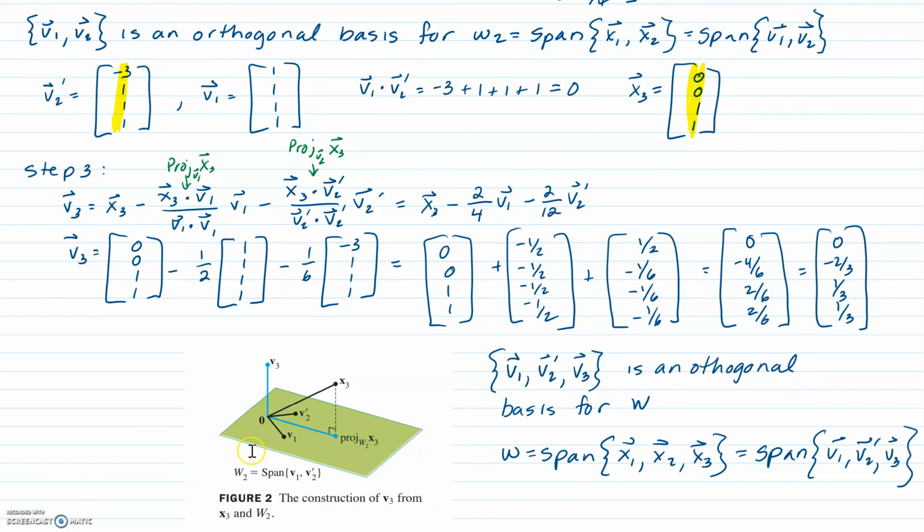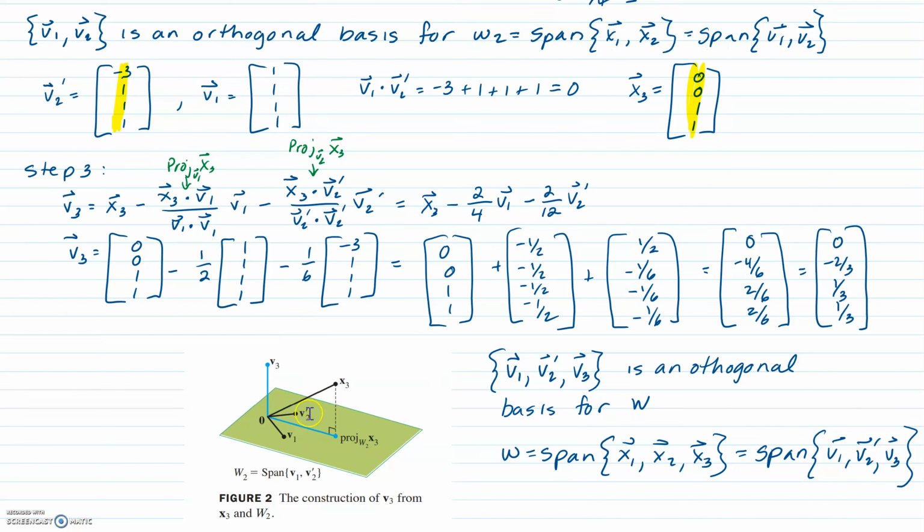Here's a picture of v1 and v2 prime on a plane W2, because if you remember, W2 was the span of x1, x2, or the span of v1, v2.